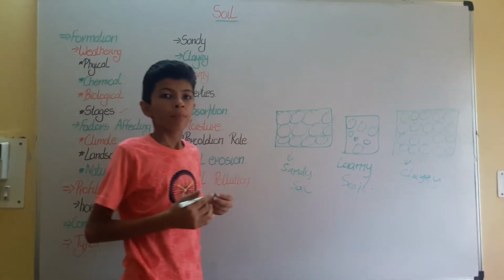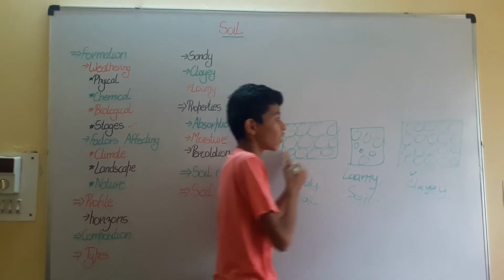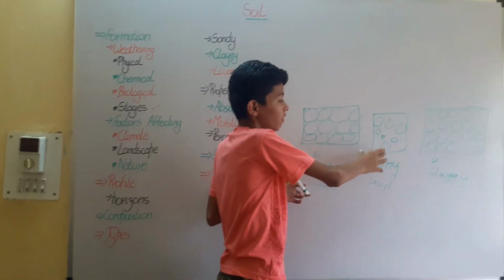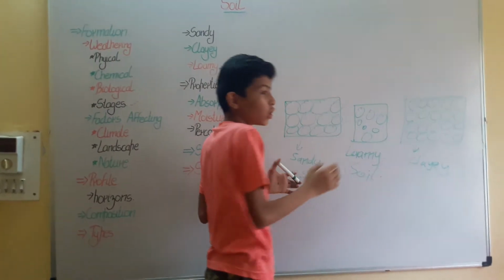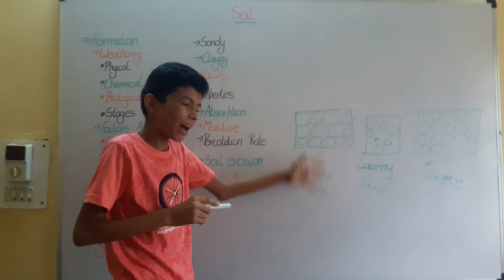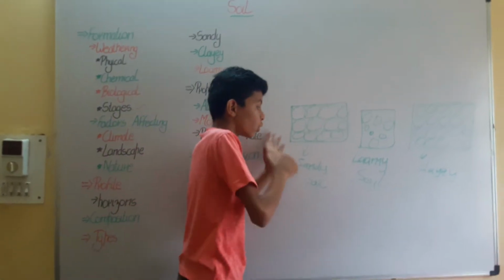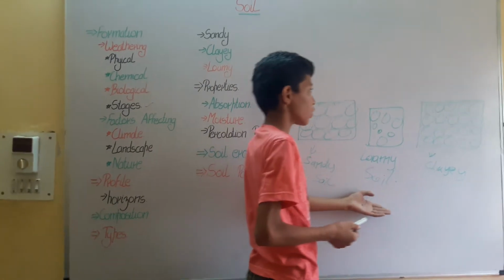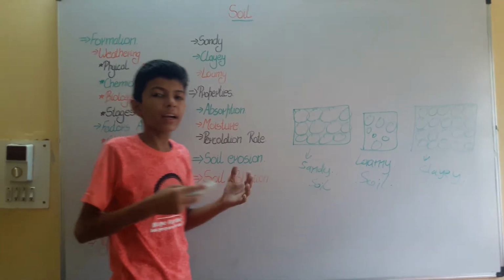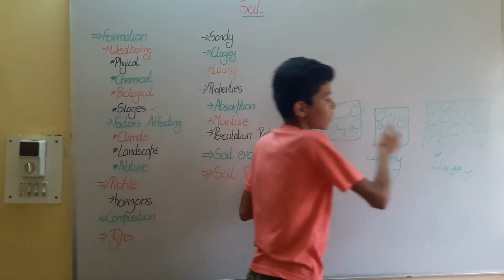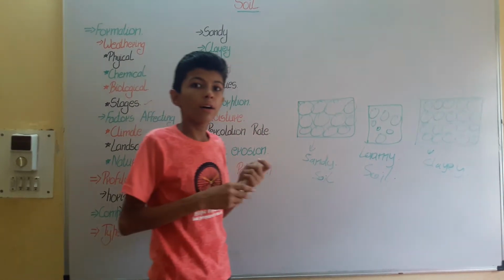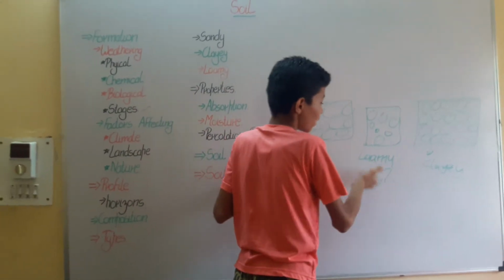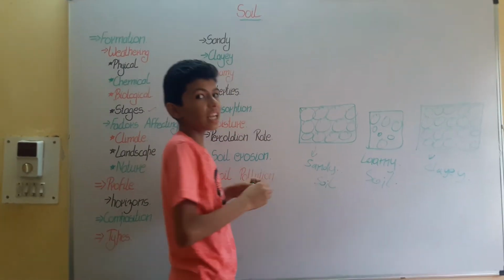This soil has features of both. It can pass water, but more slowly than sandy soil and faster than clay soil. So if you take the ground again, the clay soil ground would take more time to dry compared to the loamy soil, and then the sandy soil.